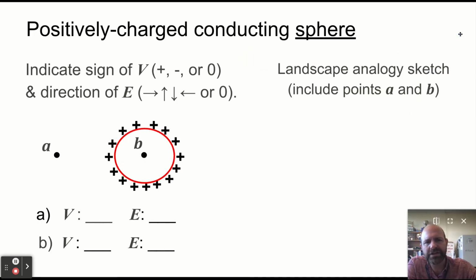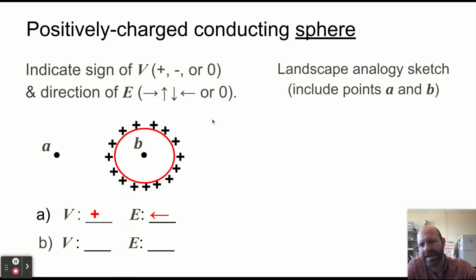We could look at a positively charged sphere and think about the potential and the electric field now. If you are at point A, then the electric field is going to be pointing radially outward, to the left, and the potential will be positive because you are near a positively charged object, which is like being up a hill, up the slope.